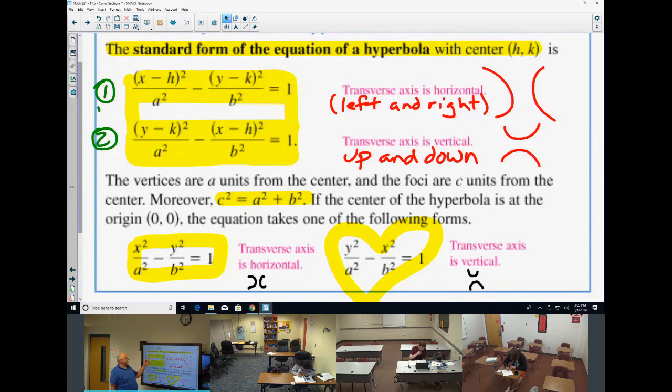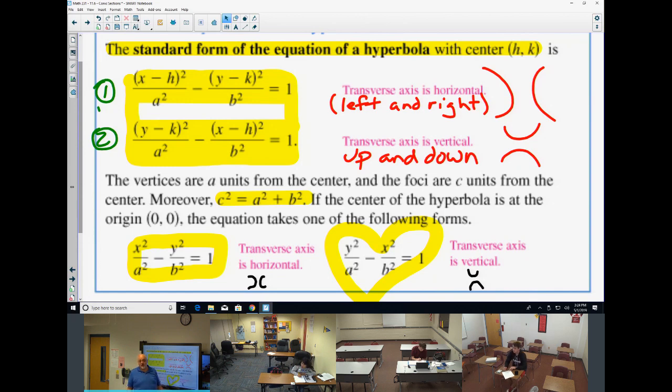You still have the center at h, k, but since it is a minus, whichever one of these terms comes first is going to matter, because with the ellipses, you're adding, so the order didn't matter. But here, if the x term is squared minus the y term is squared, then your hyperbola is going to open left and right.